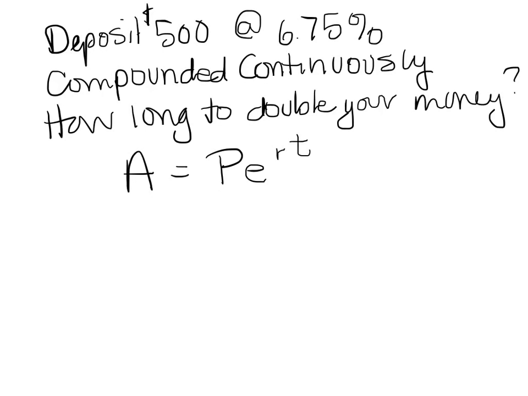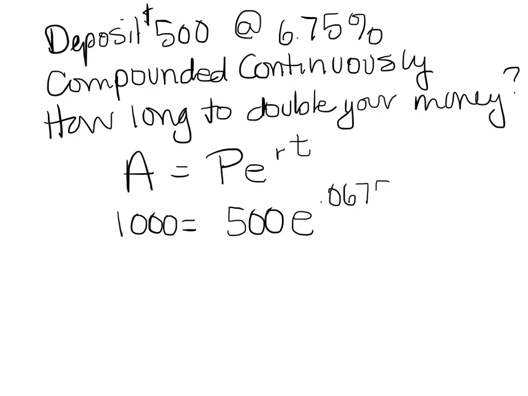To double my money, I'm starting with $500. That's the P. I want to double that, so that's the account amount, $1,000. I have my e, the natural base, the r, 0.0675 t.